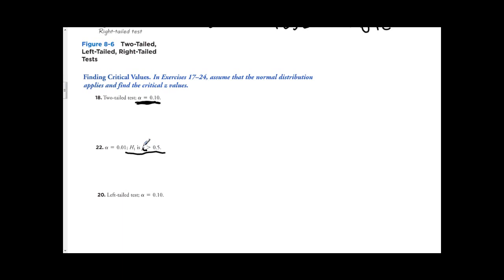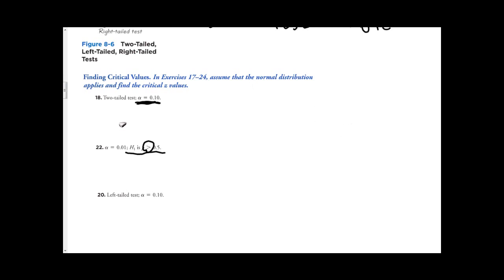The inequality symbol in the alternative hypothesis will always point at the tail. And if the alternative hypothesis contains the symbol not equal to, that just means it's two-tailed. It's pointing at both tails, because not equal to actually means you're less than or greater than. You're one of those two, so you're pointing at both tails. That's what not equal to actually stands for.